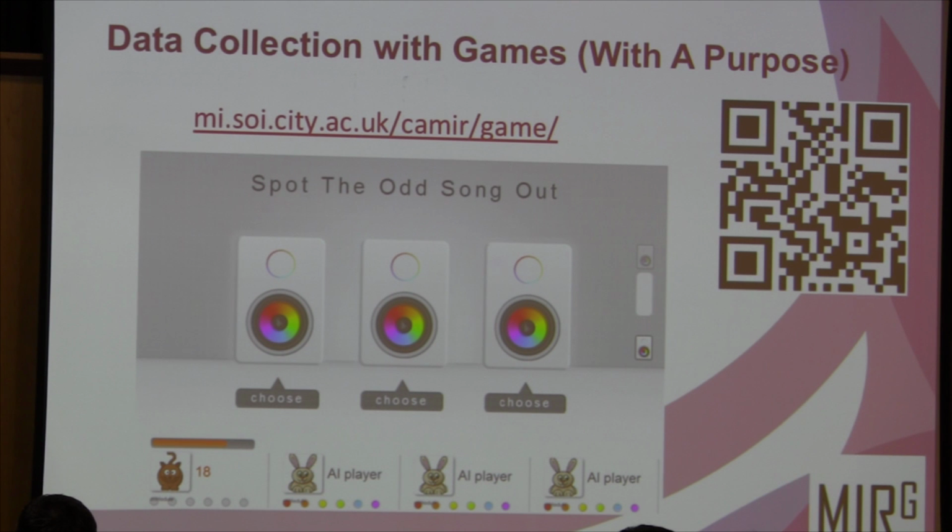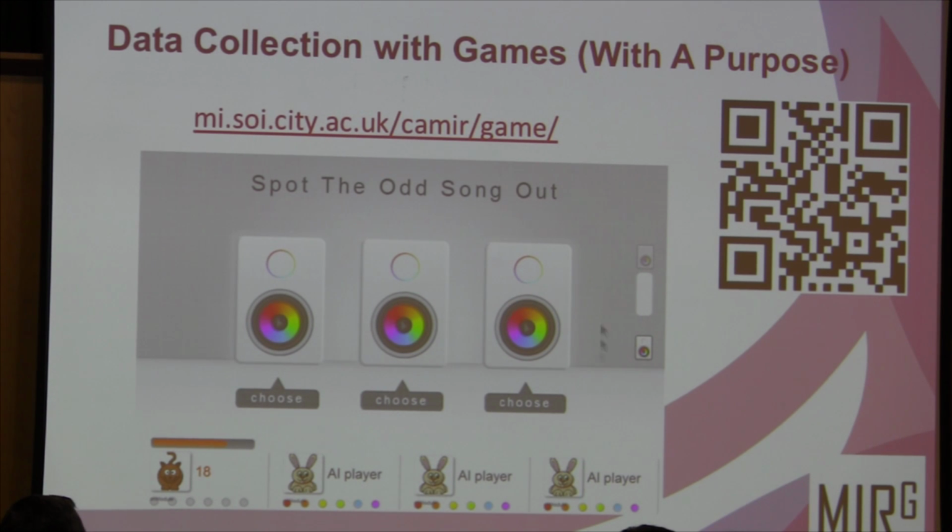We do collect data for this with a little game that you can play on Facebook or on the internet, and that you can also play here. So we have a computer where you can later on try it yourself.